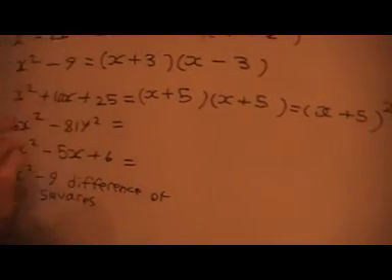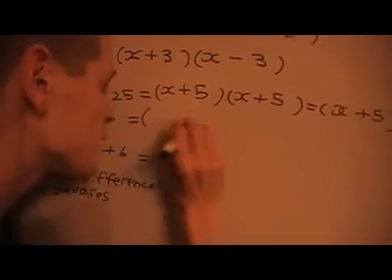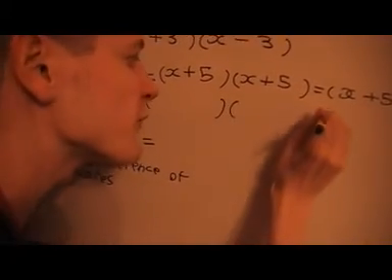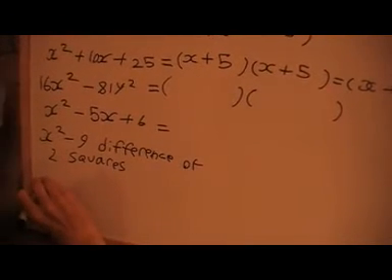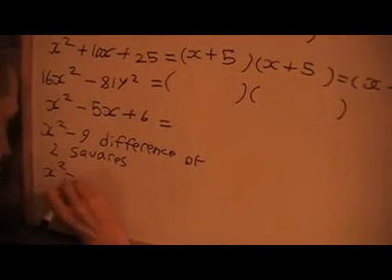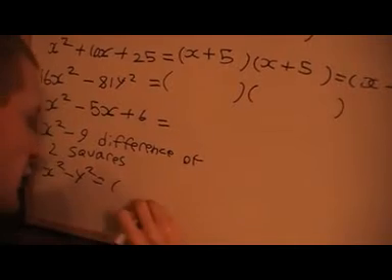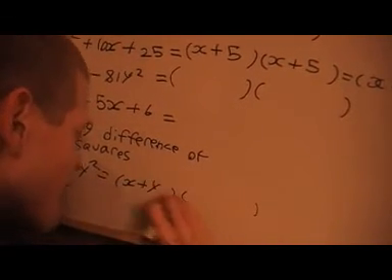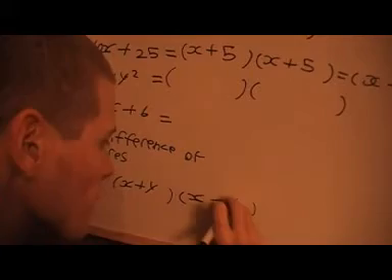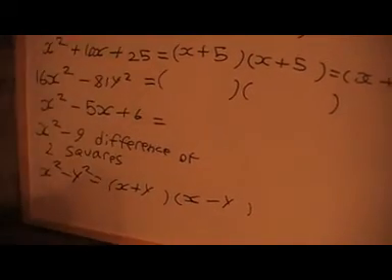Now this one's also a difference of two squares. And notice that in general, if we have the difference of two squares, we can rewrite it as that. That's the general rule for the difference of two squares.